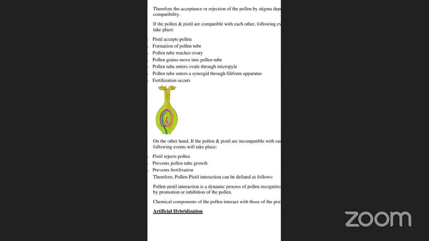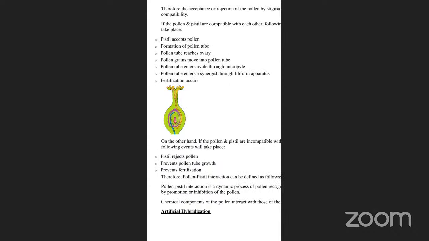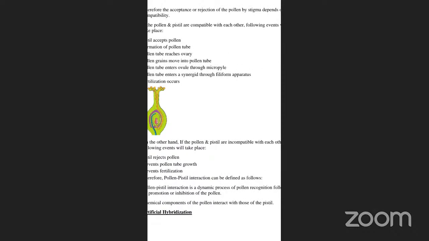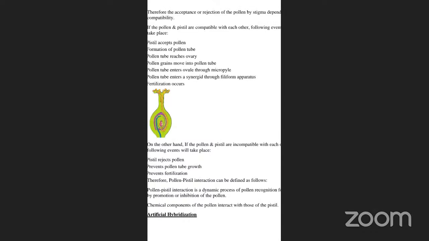The pollen pistil interaction can be defined as follows. It is a dynamic process of pollen recognition followed by promotion or inhibition of the pollen. The chemical components of the pollen interact with those of the pistil.